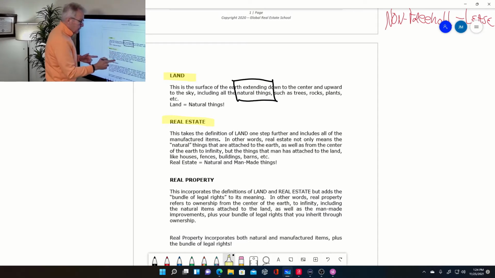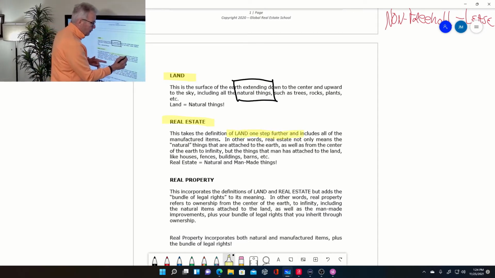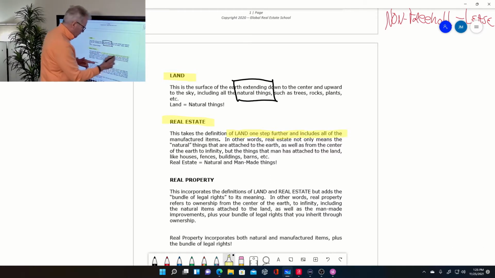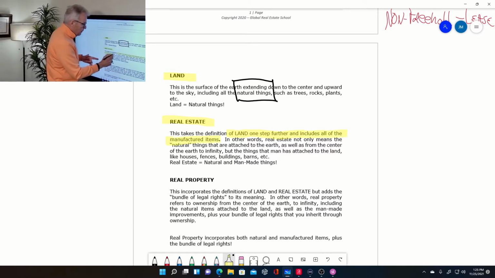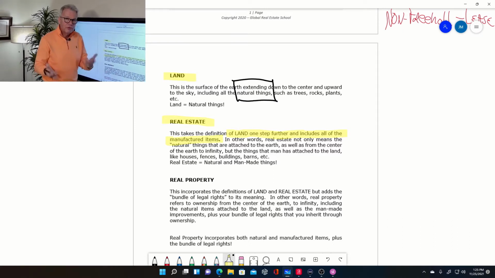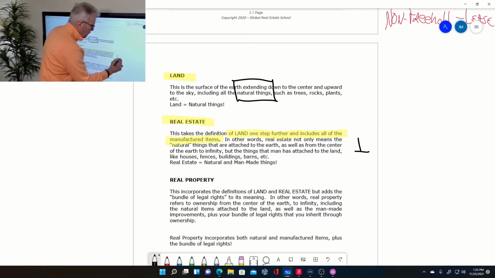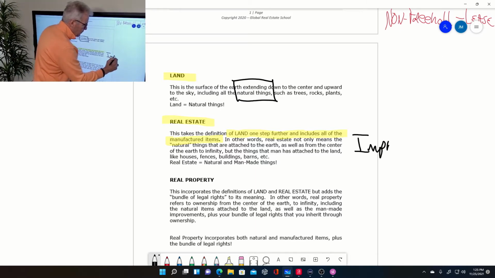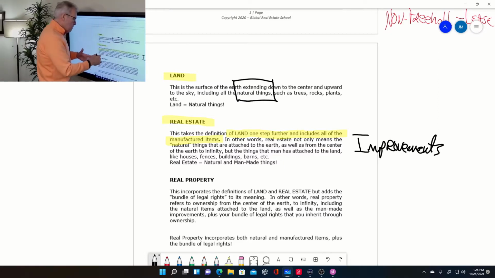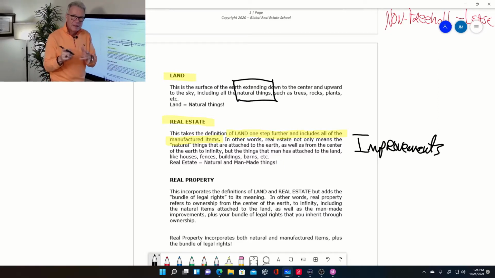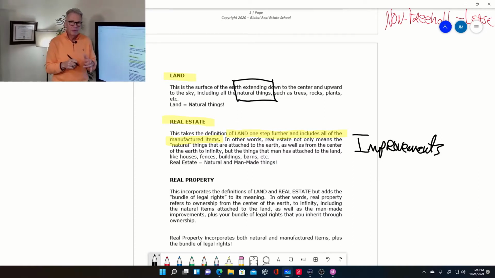So let's go back over and take a look at real estate. Again, it takes the definition of land one step further and includes all of the manufactured items, or just think in terms of improvements. So man-made items, and here's what you need to remember for the exam.